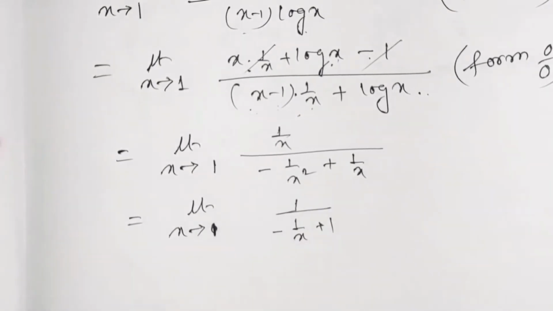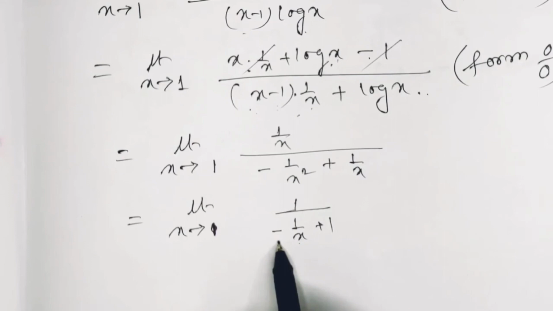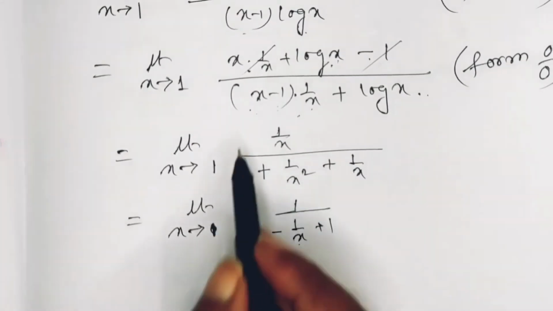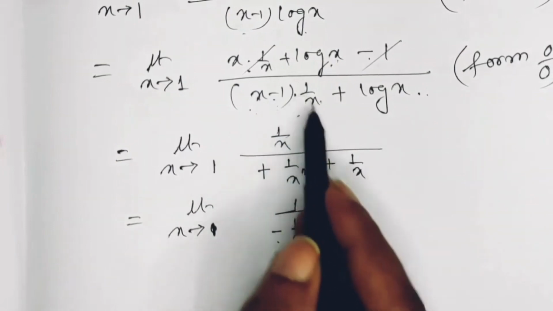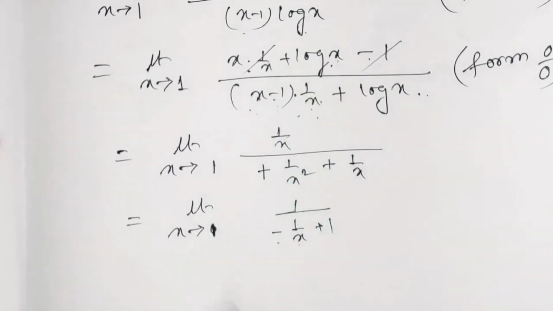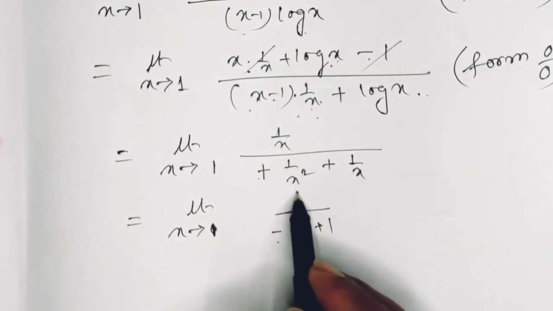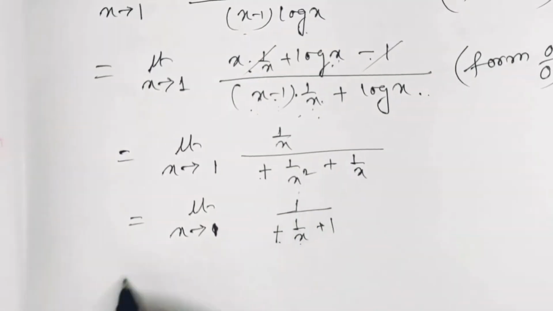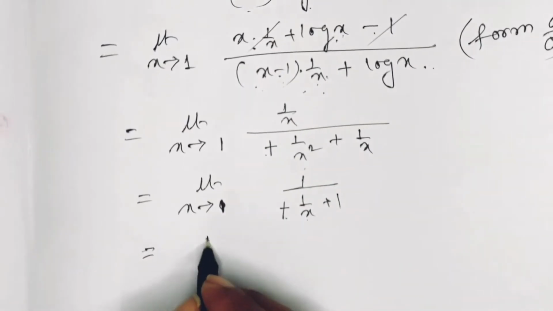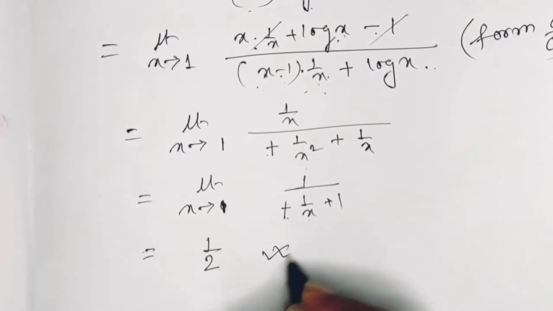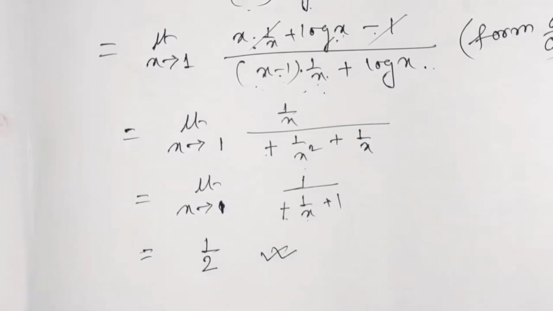So then we shall find that it is 1 by 1. So it is 0. Sorry, this becomes plus because here already minus is given and 1 upon x is there, and if we take its derivative, then it is plus 1 upon x square. So it is plus, so we shall find it is equal to 1 upon 2, which is the limiting value. So in this way we can easily calculate the indeterminate forms.